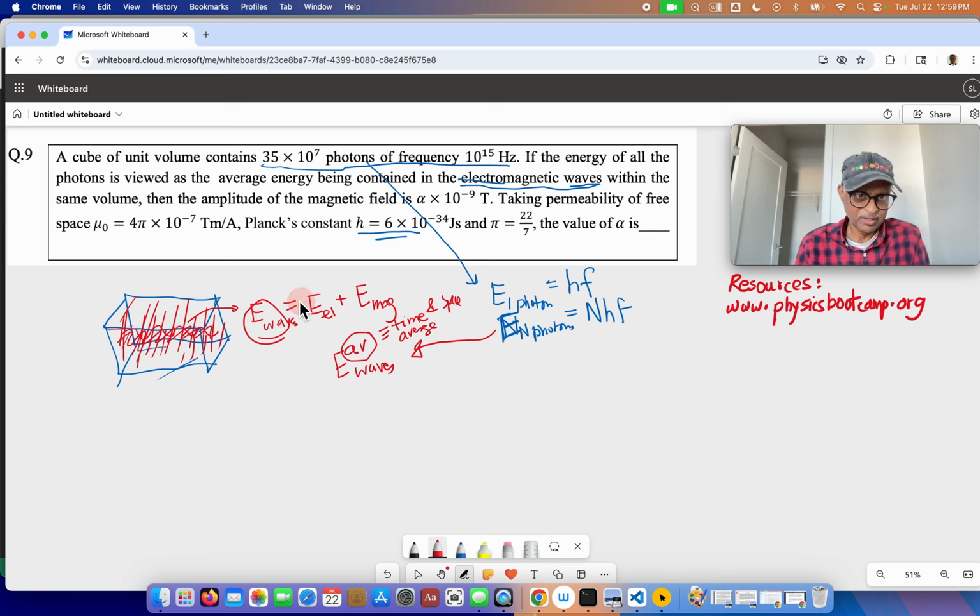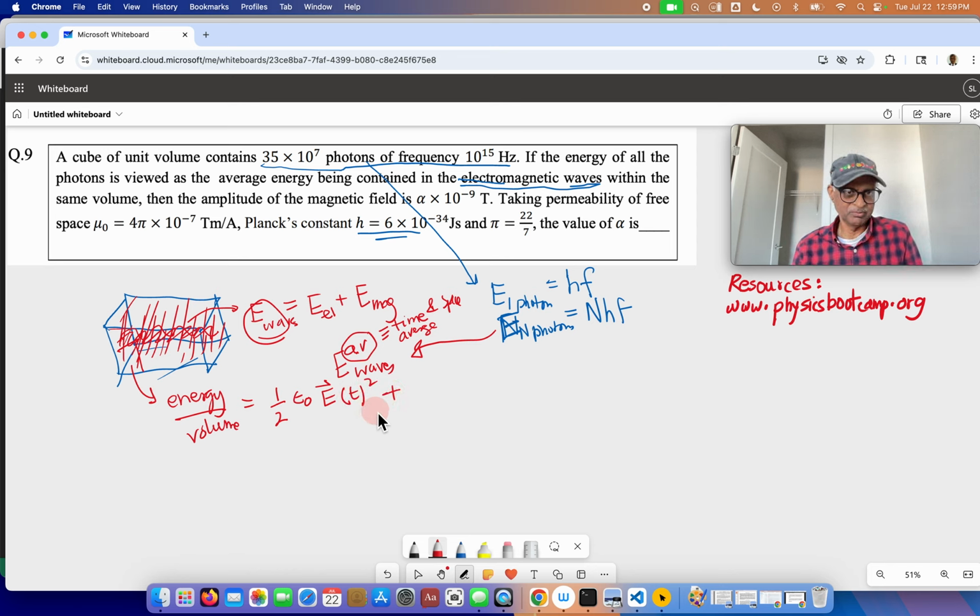There's a formula, because it's a wave, for the energy density, energy per unit volume, of half epsilon zero E squared, the electric field as a function of x and t.